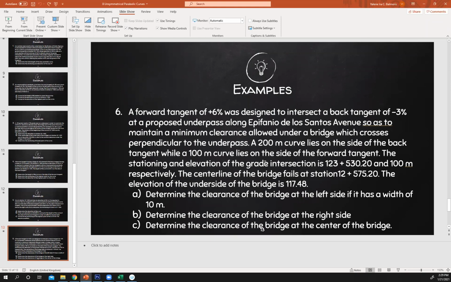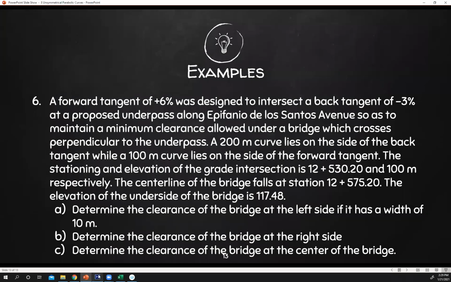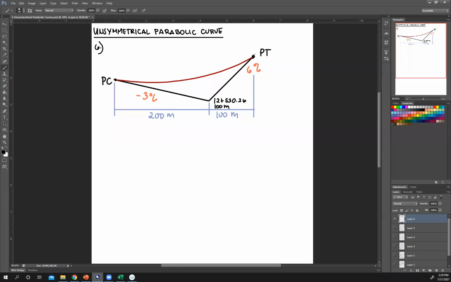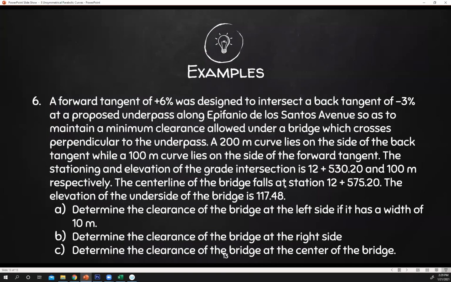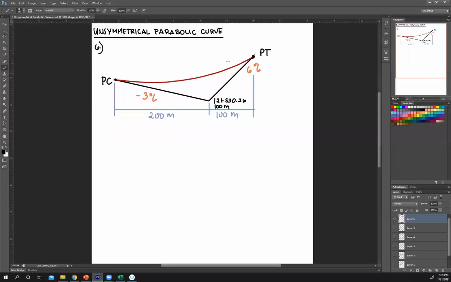And then 12 plus 530. So again, your bridge center line is at 575 and elevation 117. So 575 is at the right of 530, somewhere here. Then the grade elevation is 100, so it's higher than this.